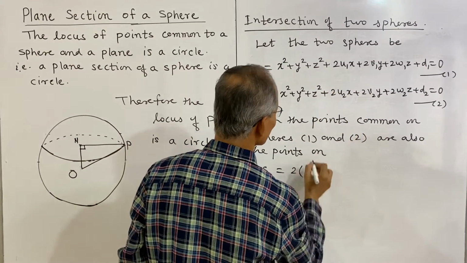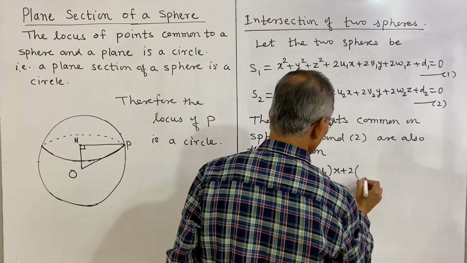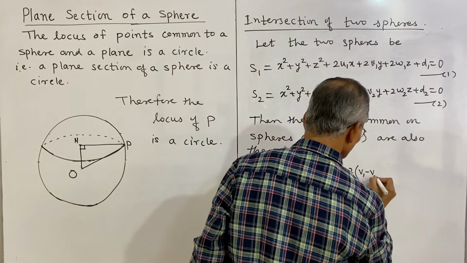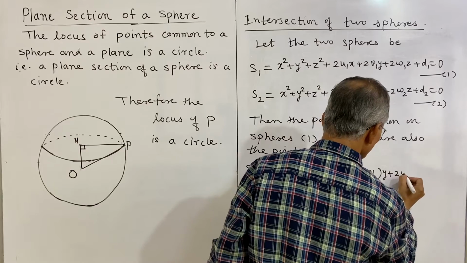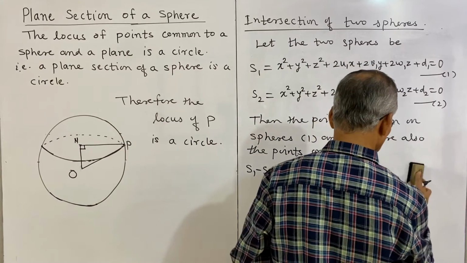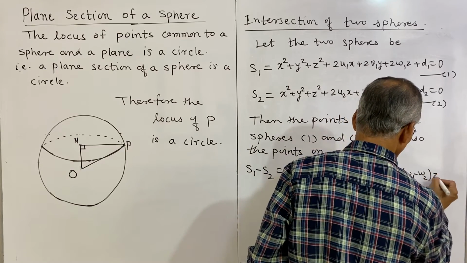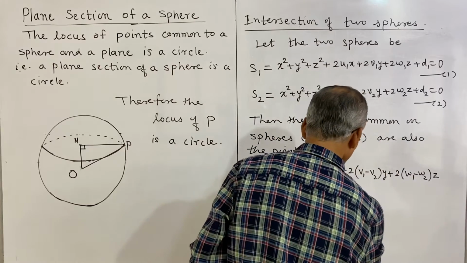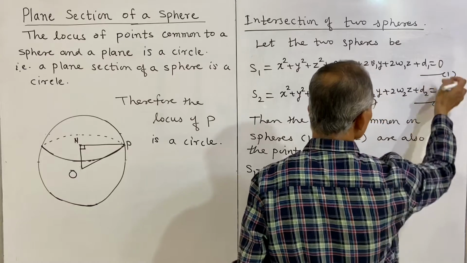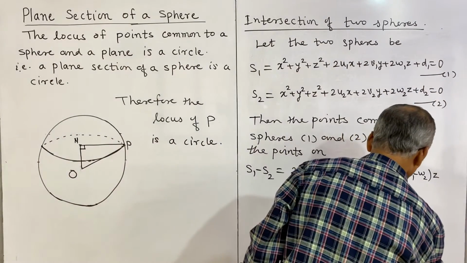So I can write this equation as 2(u1 minus u2) times x plus 2(v1 minus v2) times y, and plus 2(w1 minus w2) times z, and plus d1 minus d2, and the right side is 0 minus 0, which is 0. So this is the equation. Now we may suppose this as equation 3.